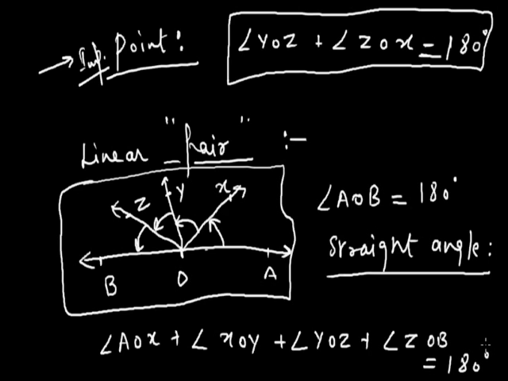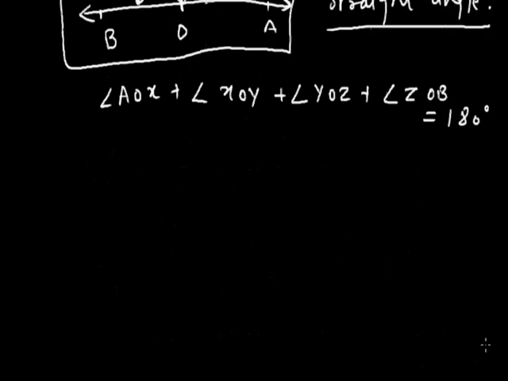But these four angles are not termed as a linear pair, because in a linear pair there are only two angles whose sum is 180 degrees and they must be adjacent. But here we have four angles. So in a pair there are only two angles. So these four angles are not termed as linear pair of angles, but their sum is also 180 degrees.